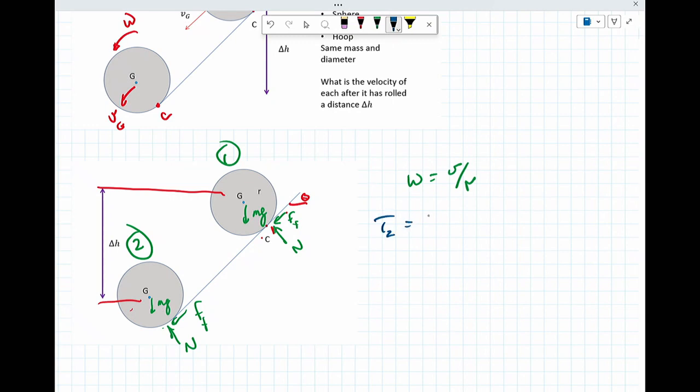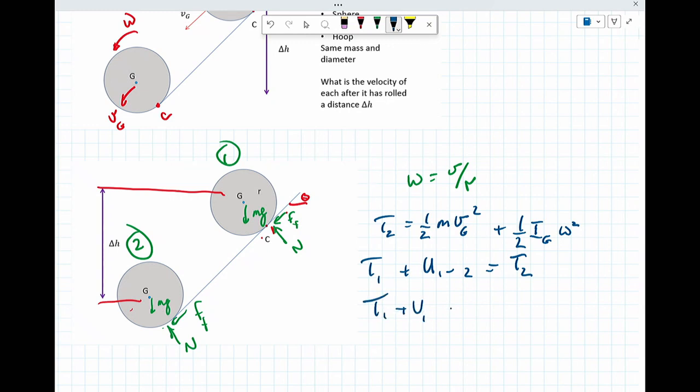T2 equals 1/2 m v g squared plus 1/2 I g omega squared. I can say T1 plus work, 1 to 2, equals T2. And I could go a little bit further. T1 plus V1, work, 1 to 2, equals T2 plus V2.